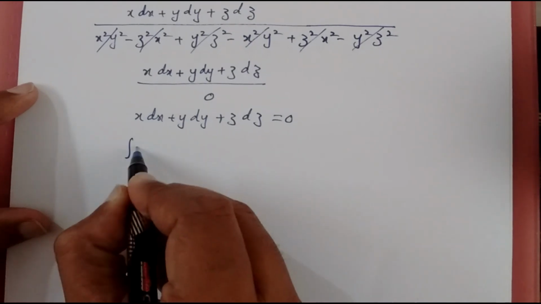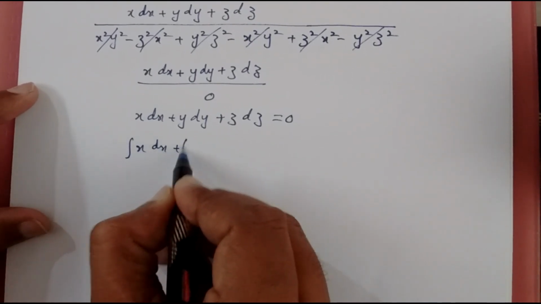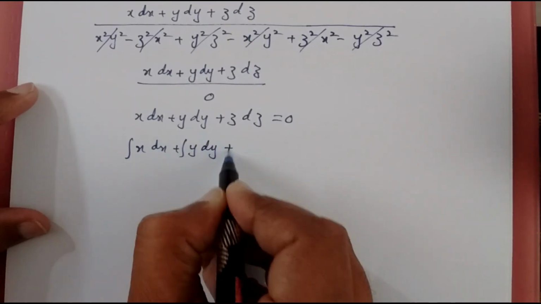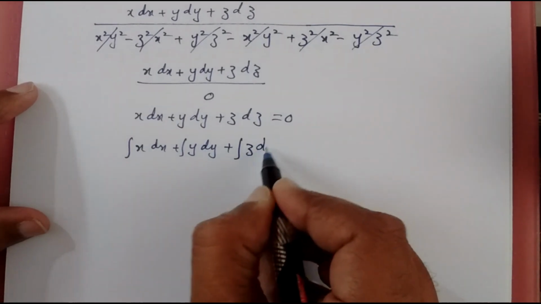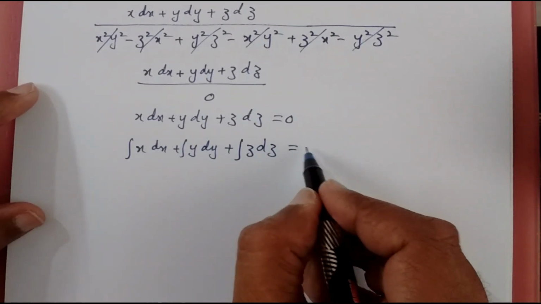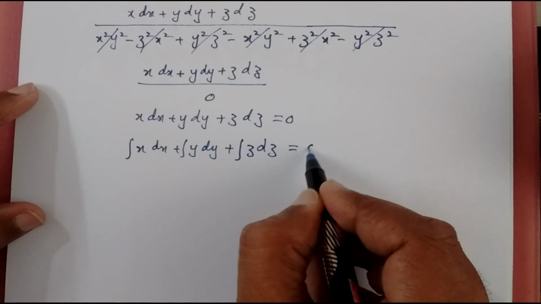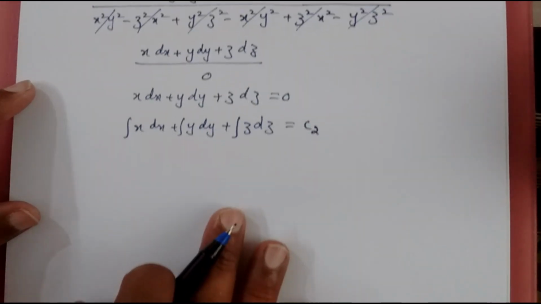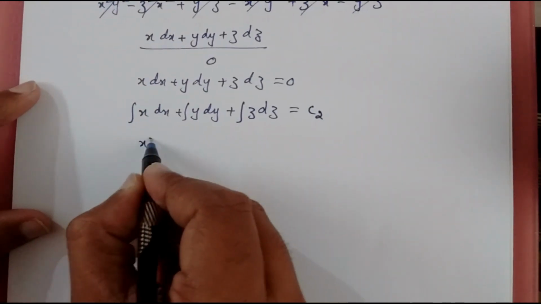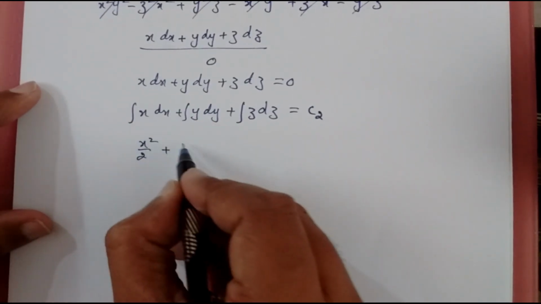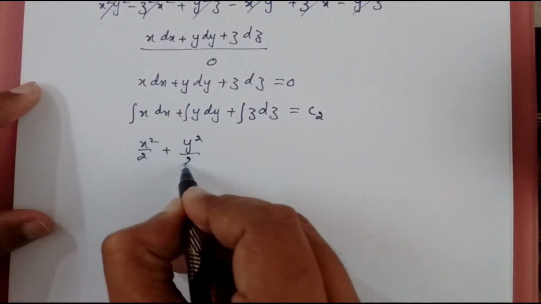Now you can integrate it. It's the integral of x dx plus the integral of y dy plus the integral of z dz, which will be equal to some constant of integration, c2. So if you try to integrate, you will get x square by 2. Integral of y will be y square by 2.